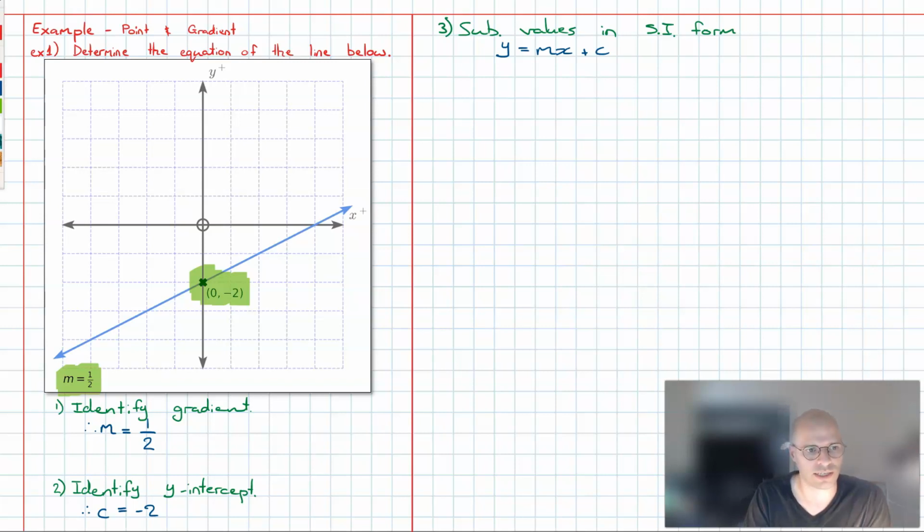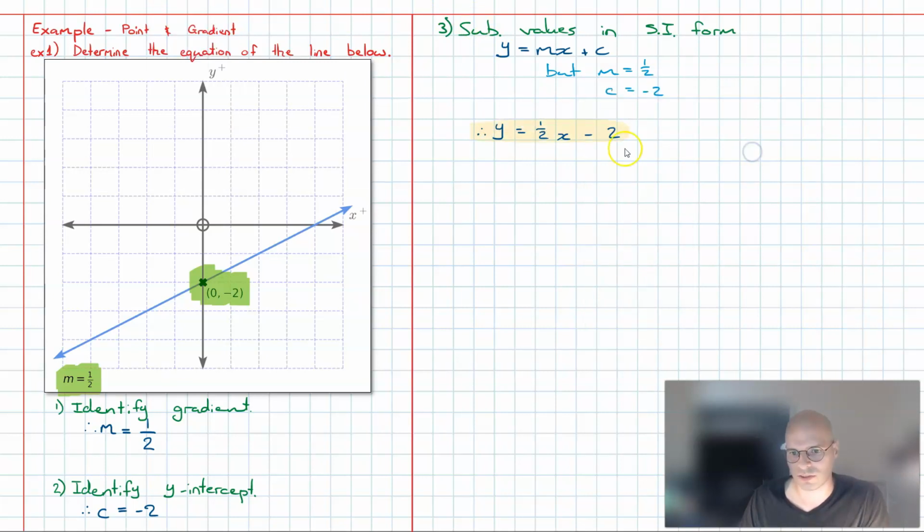But I already know that my m is equal to a half and my c is equal to -2. Therefore, when I sub this in, I find that my equation is going to be y equals a half x minus 2. And therefore, I have just deduced the equation that describes this line over here. So this is as far as I need to go.